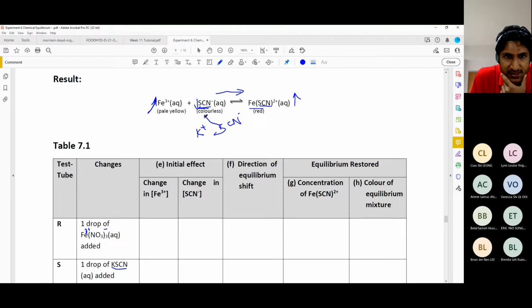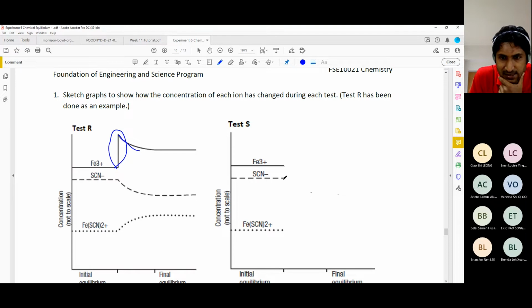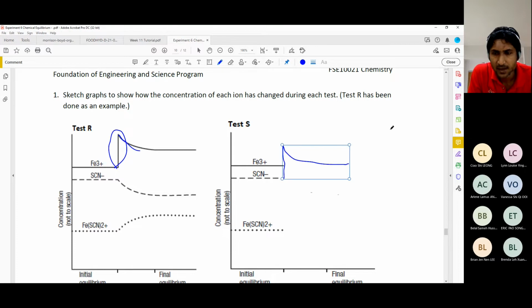So this thiocyanate is increased in the system, just opposite to the iron. We added iron, it increased. Now we are adding thiocyanate. Thiocyanate increases here, and then it starts to decrease, right?